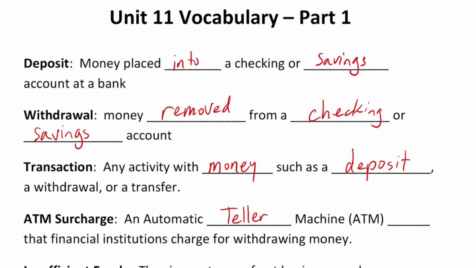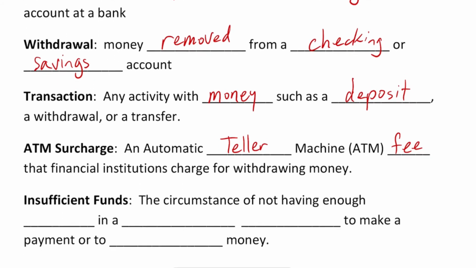I put my card in, I put my code in, and I get my money out. But BBVA is going to charge me a fee, usually $2 or $3, to use their ATM because I don't bank with them. If I go to a Chase ATM, then I do not have to pay that fee. So an ATM surcharge is a fee that financial institutions charge for withdrawing money if you don't normally bank with them.